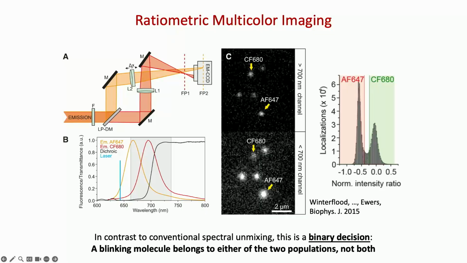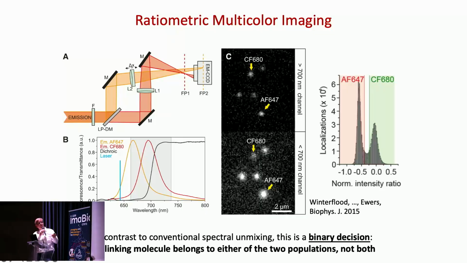So, for example, you can image Alexa 647 and the CF680 dye, by essentially just putting a dichroic beam splitter in between and then imaging the 2 color channels at the same time on a camera chip. And here you see the two images acquired with the camera, and you can see that a few molecules appear brighter in one channel than in the other one, right? And now if you plot the ratio between the brightnesses, you see these 2 peaks.